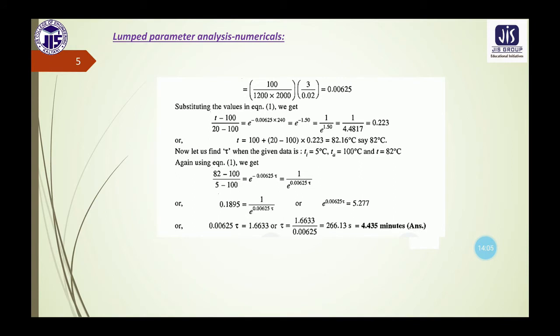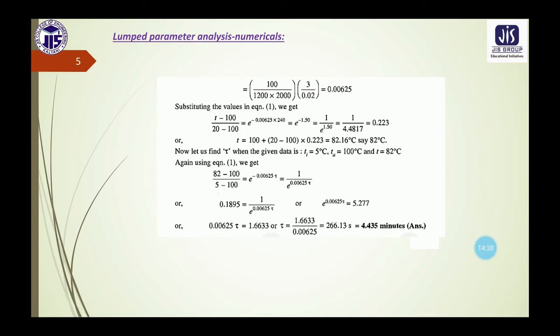And when do we need to find tau? We need to find this time when Ti is 5 degrees centigrade, the ambient temperature is 100 degrees centigrade, and T is 82 degrees centigrade that we have calculated just now. If we put all these temperature values in the Lumped parameter analysis equation, then ultimately we can calculate the time, tau, as 266.13 seconds, that is 4.435 minutes.